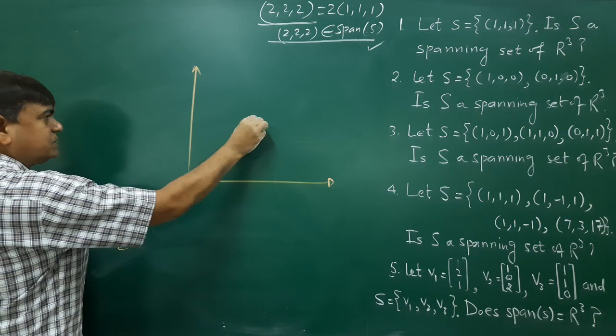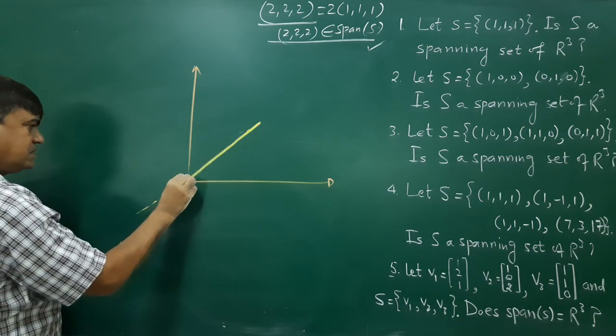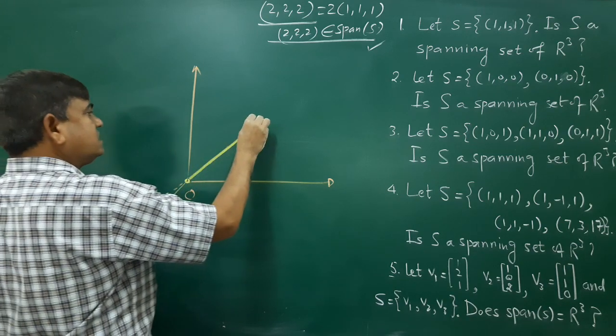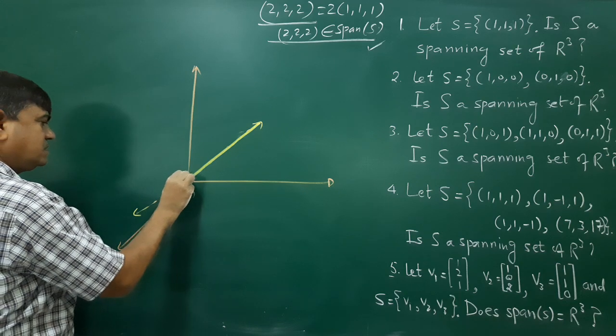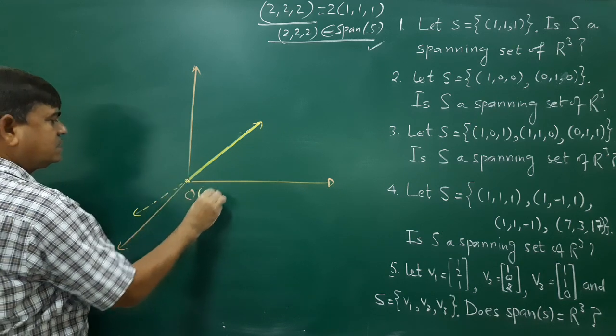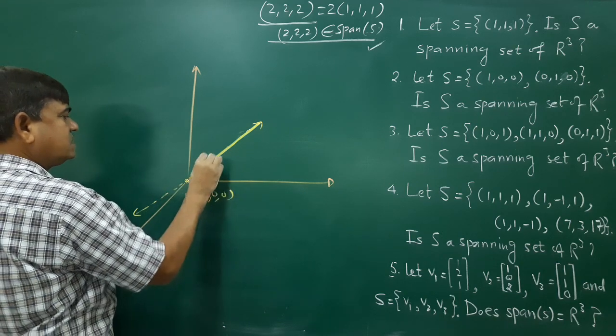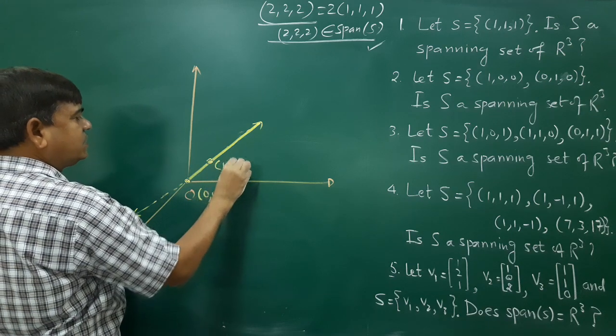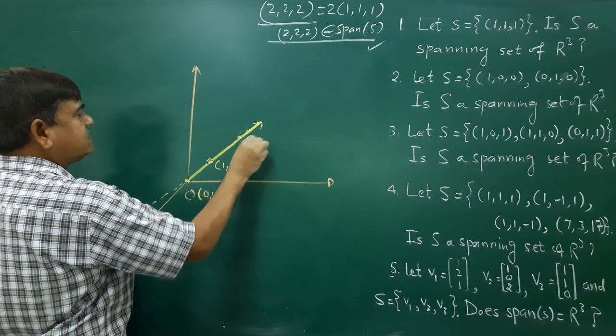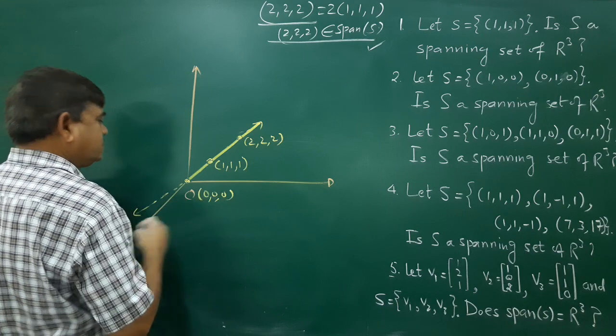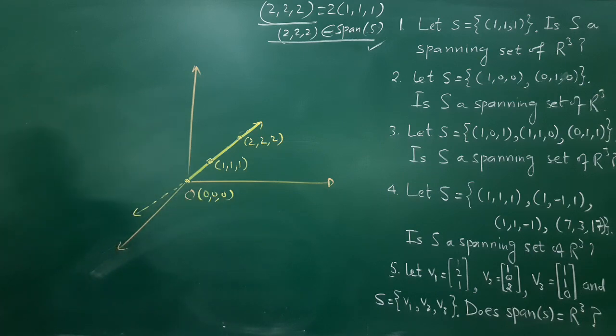The line passing through this is (1, 1, 1), this I say (2, 2, 2), and so on.